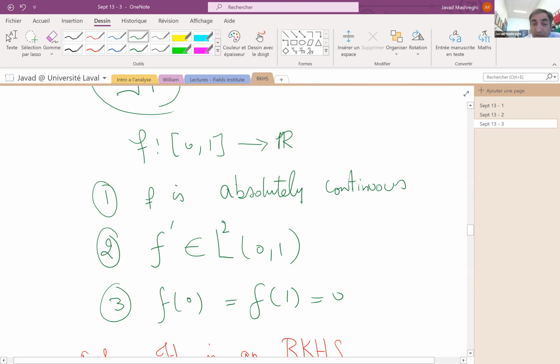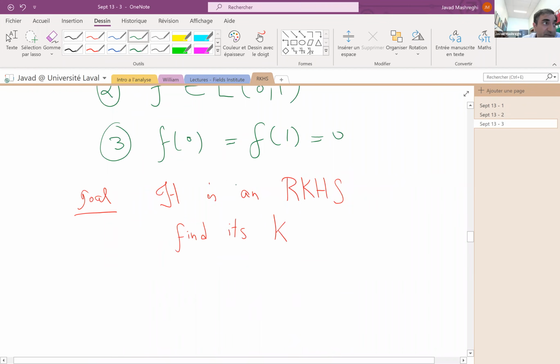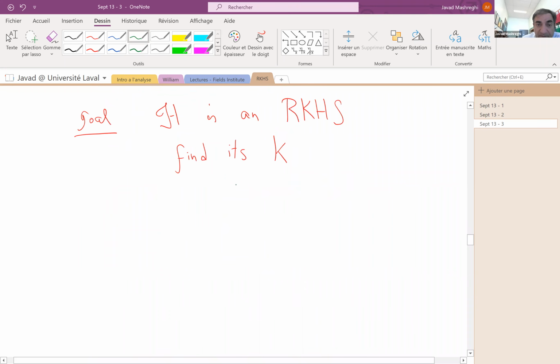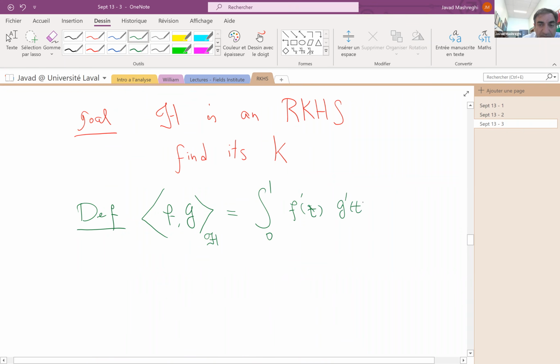But what is the inner product if you want to have a Hilbert space? Here, the inner product I define. So, definition: I define the inner product of f and g in H to be the integral from 0 to 1 of f prime t g prime t dt.